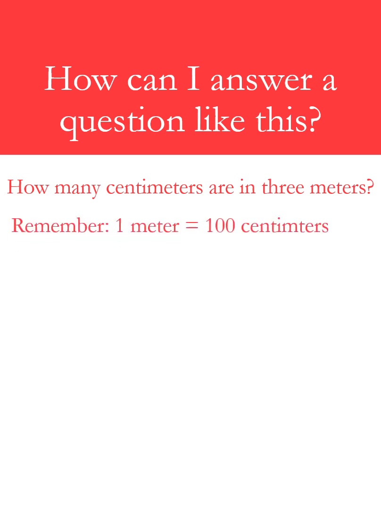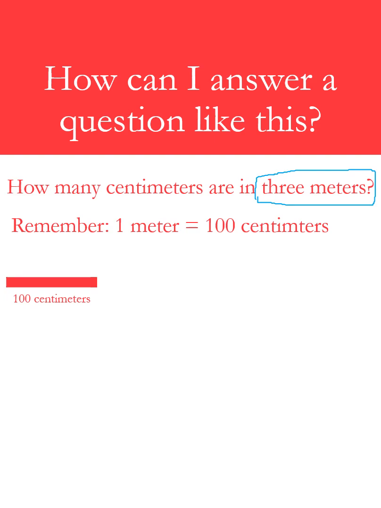Well, we remember our key fact that 1 meter equals 100 centimeters. Okay, and then we want to keep in mind that the question is asking about 3 meters. How many centimeters in 3 meters? Well, I'm going to put this bar there, and I'm going to pretend that that's 1 meter or 100 centimeters.